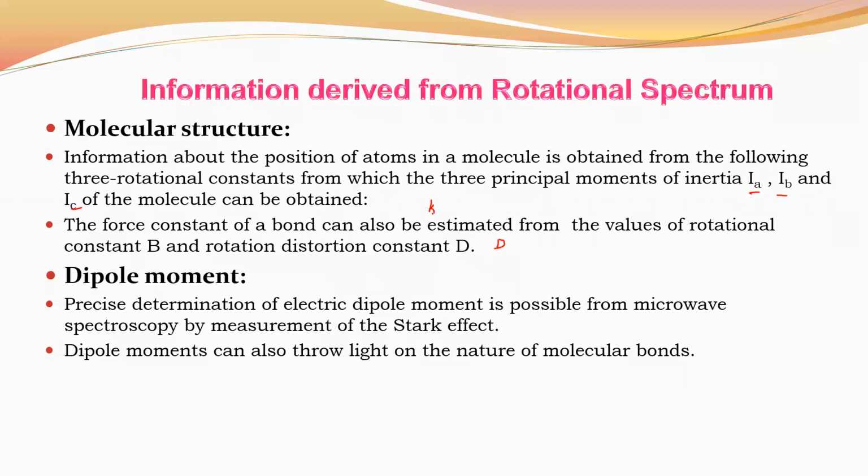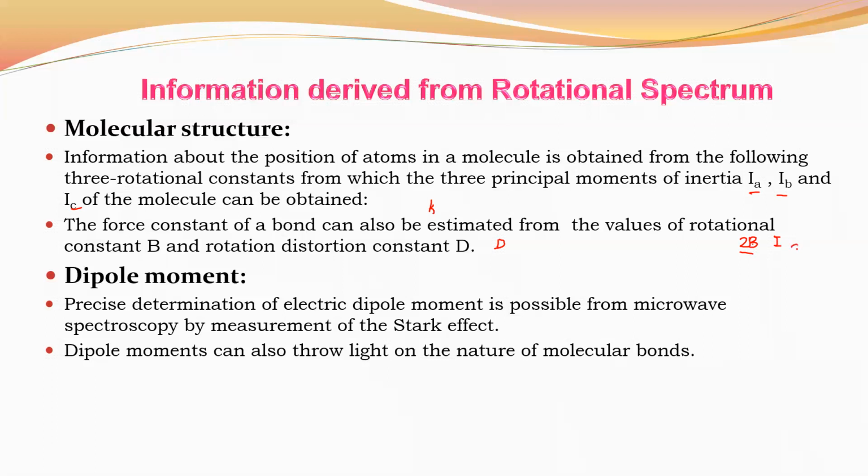Okay, so first from the spectrum, we will obtain the successive difference between adjacent lines, which is 2B. Then from 2B we can obtain the B value. Then using the mass we can obtain the moment of inertia.